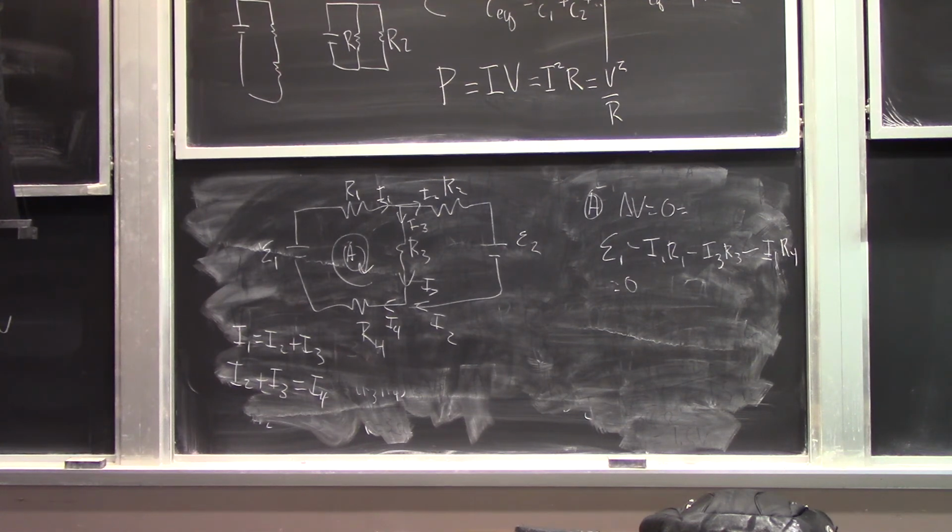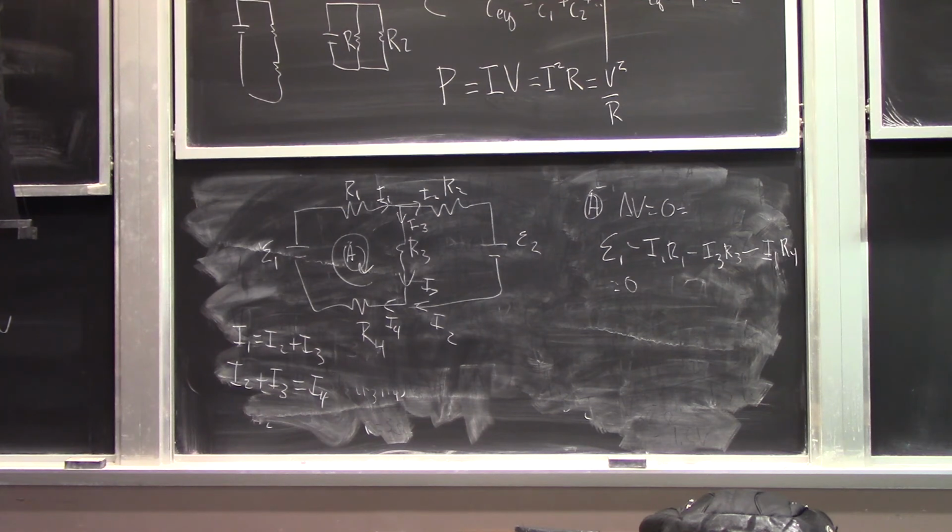Say if the epsilon 2 wasn't here, I2 was like 2 amps, whereas if it is there, it's 1 amp. So that sets what the values of these are, but it doesn't change the fact that the current's going to be constant through that portion of the loop, because that current doesn't have anywhere else to go. It just flows through the whole thing.